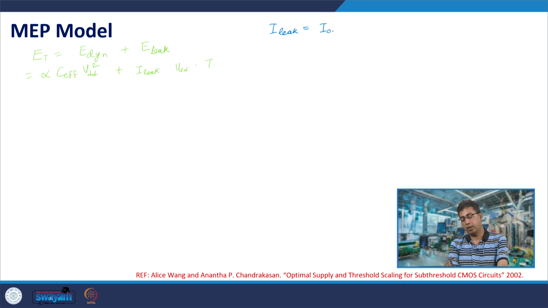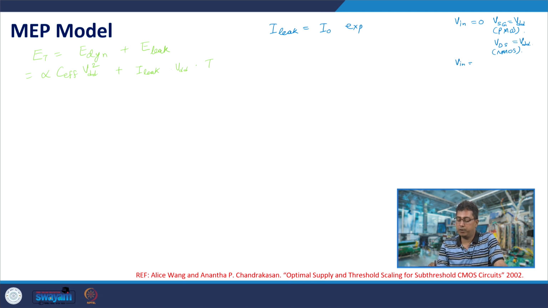Now, that I naught exponential. We are taking an average kind of leakage current, so we would assume that the input voltage is VDD or 0. Even when the input voltage is 0, for the P MOSFET, when V in of an inverter is 0, the source to gate voltage is VDD, and for the N MOSFET the drain to source voltage is VDD.